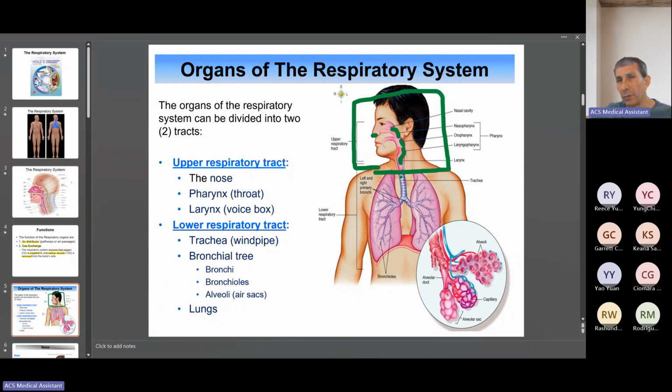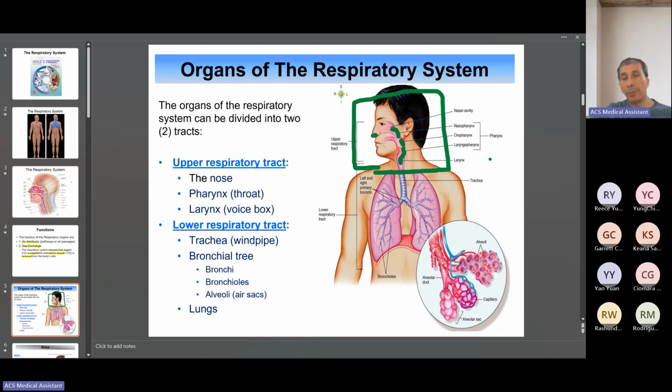Then that will be the upper part. That's it. So if you have something affecting your nose, your throat, or your voice box, which is the larynx, then immediately we know that you have a condition in the upper respiratory tract. And we're going to treat just that.